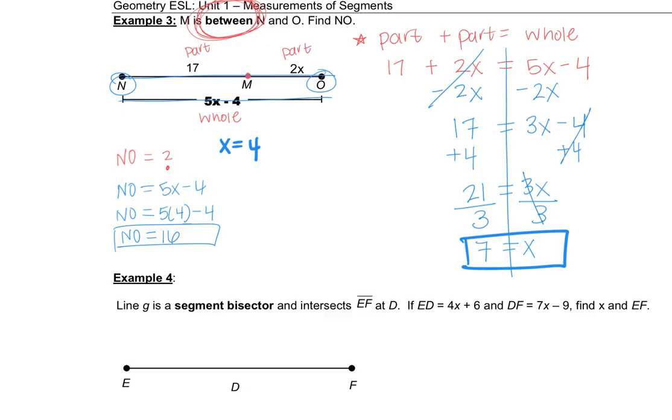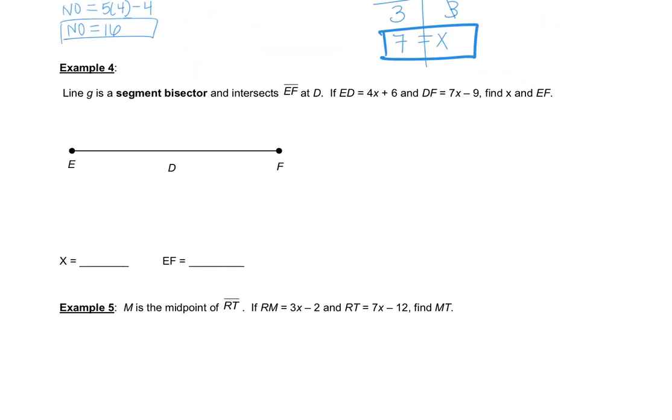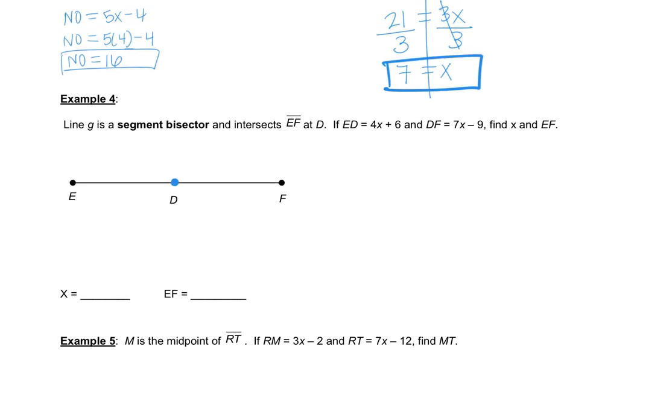Let's do example 4. Line G is a segment bisector and it intersects EF at D. So first thing I'm going to add is my point D right there, since I don't see it. I'm going to add my segment bisector.